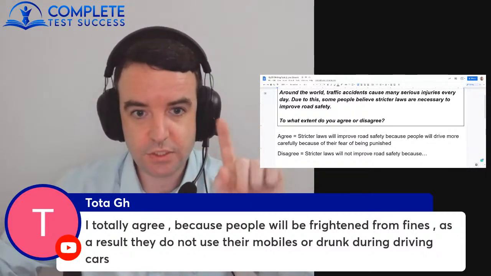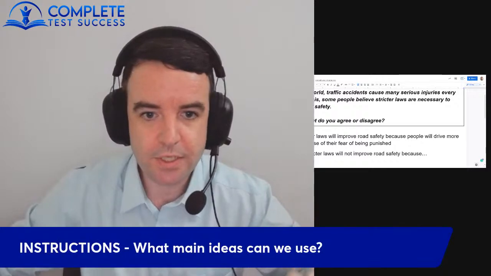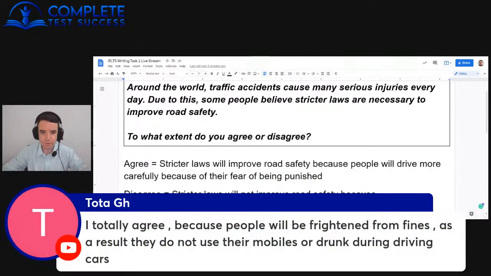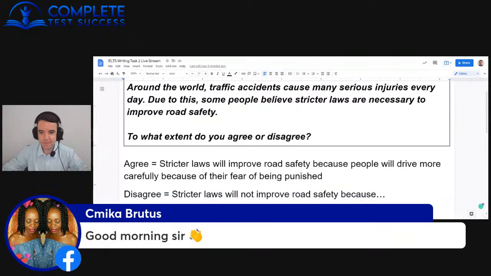But you need two ideas. So yes, that is appropriate. But if we look at the idea we had from earlier, the one I already put on screen, people will drive more carefully because of their fear of being punished. So we already had that idea that they're afraid. They're afraid of being punished because the punishments are so severe. So yeah, appropriate, but we still need one more.